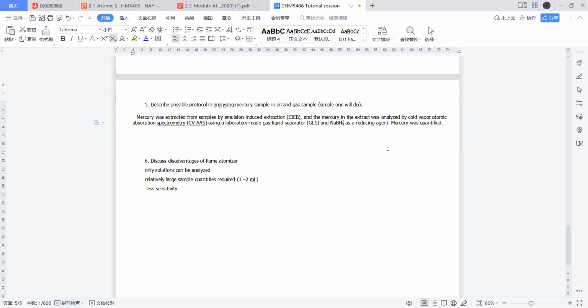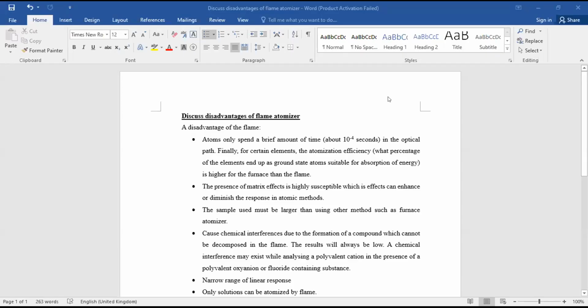It's room 3, right? So can we have the last room, room 4? I'll share the file first. Yeah, sure. Can everyone see the file?